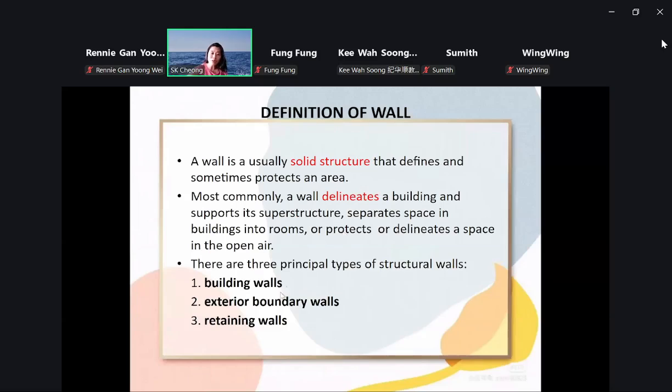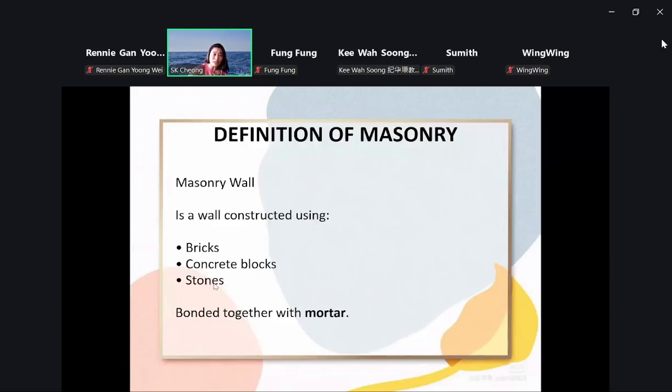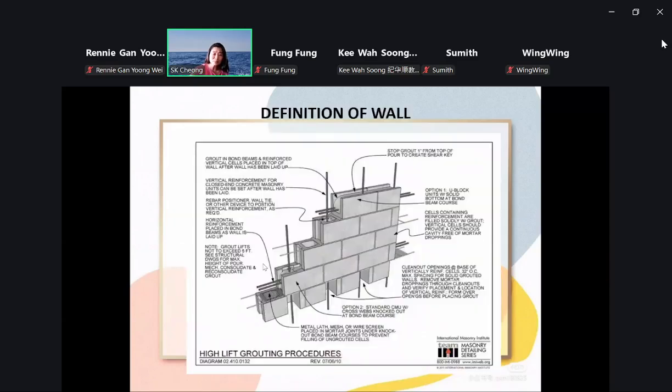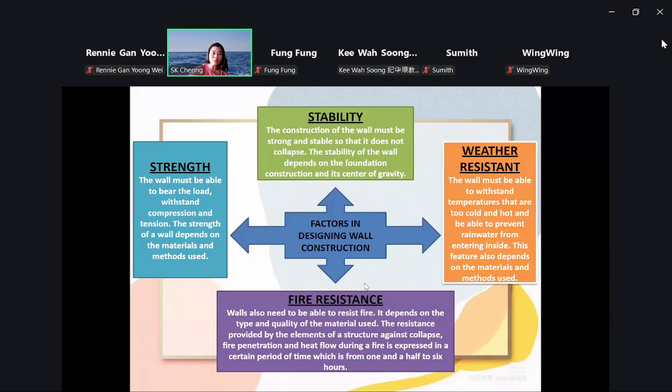When you're building exterior walls, so what type of material? Is stone okay? Does brick work okay? So that is why there are many types of walls, depending on the factors. These are the factors deciding the types of wall. So is that for stability, for weather resistance, for fire?